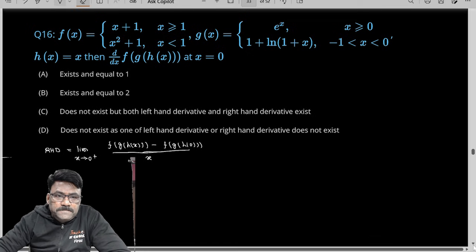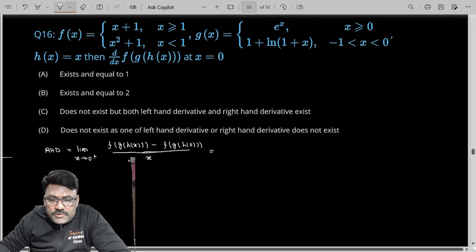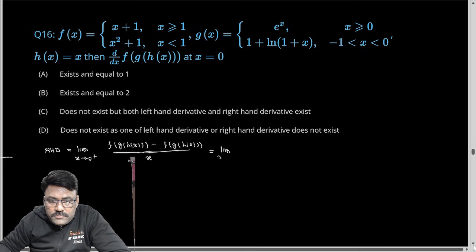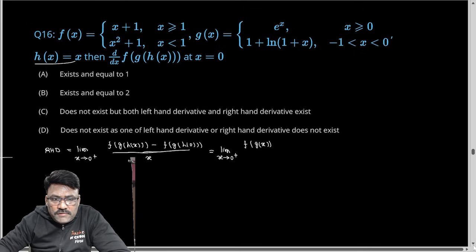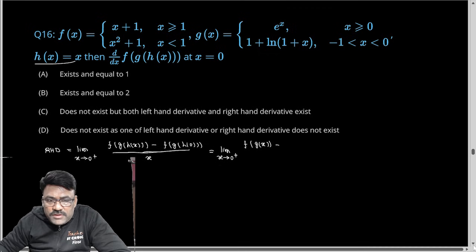Now it is limit x approaching 0 plus f of g of h(x) minus f of g of h(0) over x. h(x) is x only, it is given in the question. So h(0) will be 0. So it is f of g of x minus f of g of 0 over x.